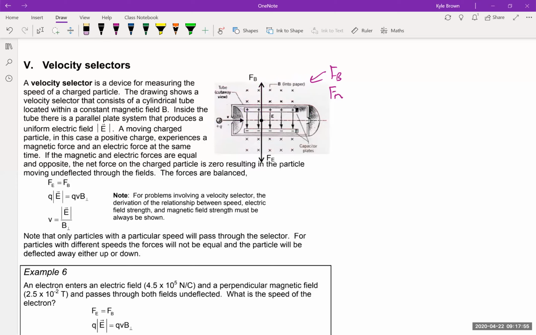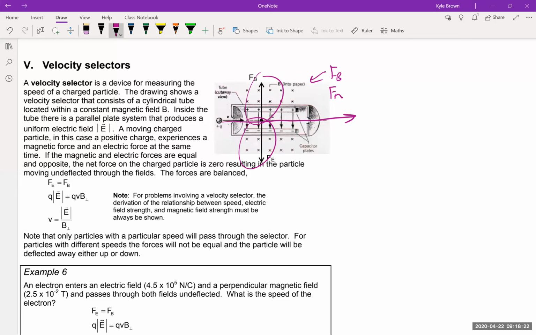If those two forces are balanced up and down, the net result would be this charged particle traveling straight through and out the other side. If they weren't balanced, the particle would bend and hit the wall on the other side. It wouldn't come out the hole on the end. So if this particle comes through the hole, we know that these two forces are balanced. That's the idea.